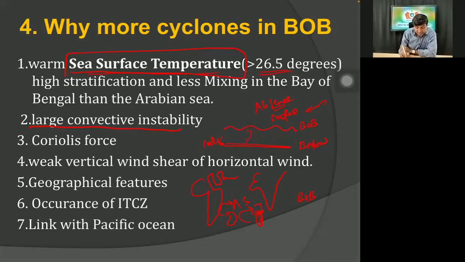But in the Bay of Bengal, because we have a large water body and the wind is very less here, the surface water and the water at depth will not mix easily. The water will not mix the way it mixes in the Arabian Sea, and that's why we have stratification.